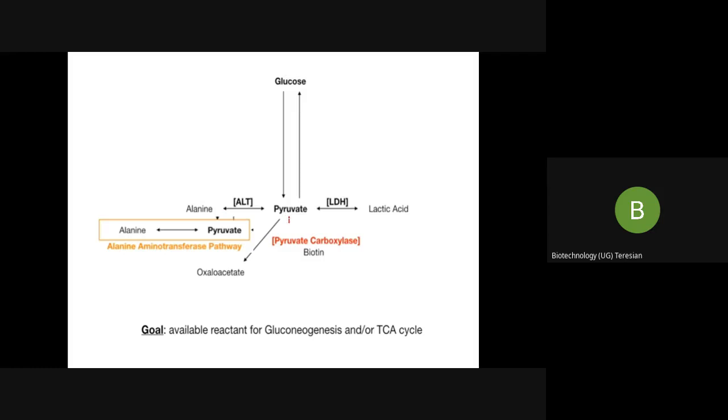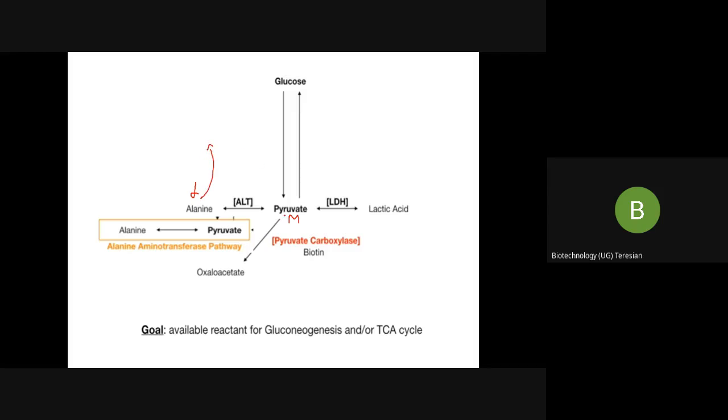This pyruvate is present in the muscles, and when it has to enter into the liver, pyruvate cannot enter. It will be blocked in this configuration. Therefore, it gets converted to alanine and then it can enter into the liver. This is a separate pathway, which we are not concerned with now.